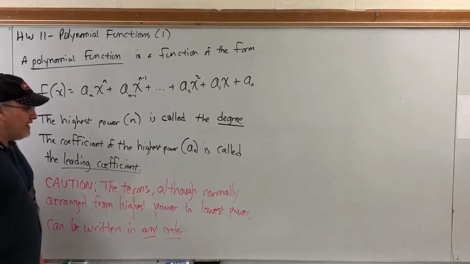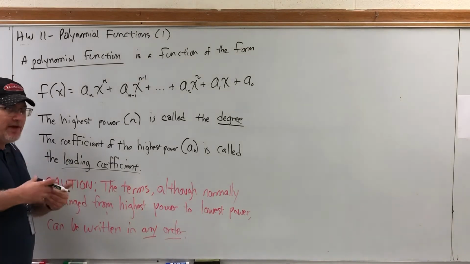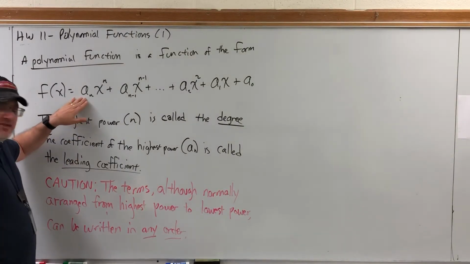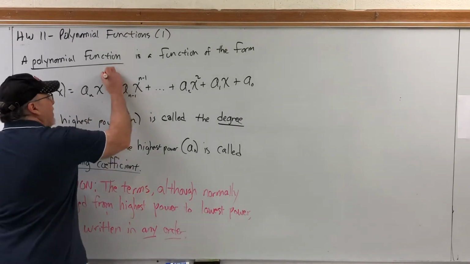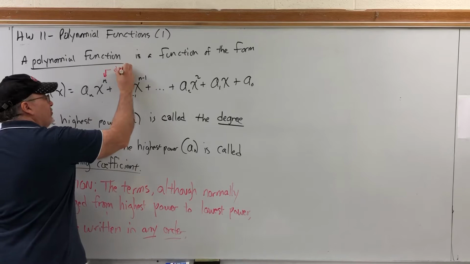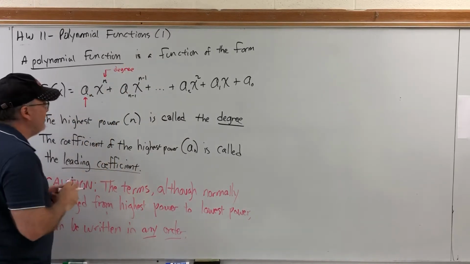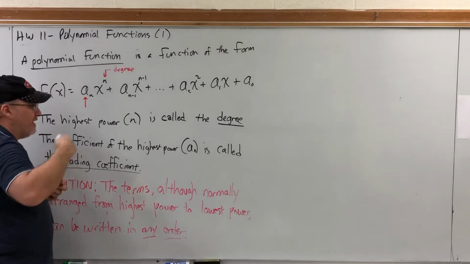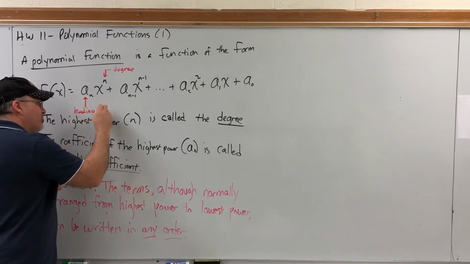It's called the leading coefficient because if you write your polynomial starting with the highest power, it's the number that leads it off. So the number that represents the highest power is called the degree, and the number that represents the coefficient in front of the x with the highest power is called the leading coefficient.